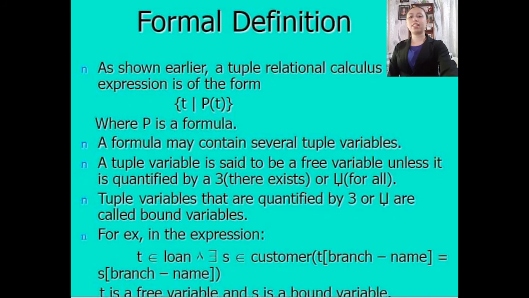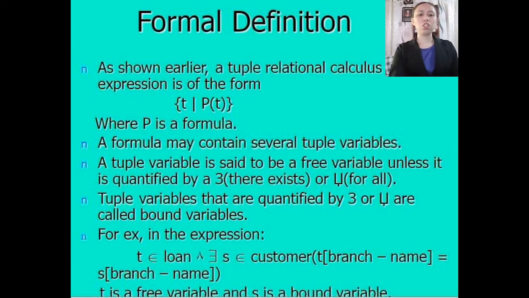Okay, for this example in this expression right here, where t and this kind of symbol, which means t is in loan, denotes that the tuple t is in a relationship to the loan. So, as we can see on this expression, t is a free variable, while s is a bound variable. What do you mean by that? A free variable has no limitation and isn't tied up in any way.